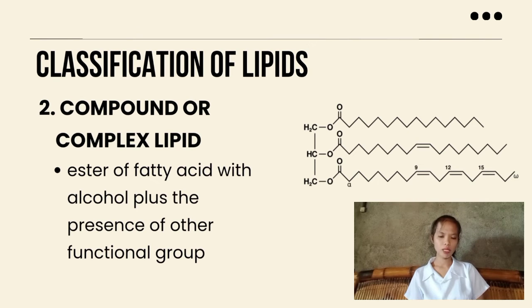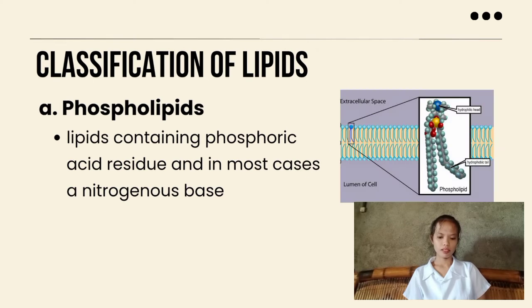The next classification was the compound or complex lipid. Ester of fatty acid with alcohol plus the presence of other functional groups such as phosphate, nitrogenous bases, proteins, and carbohydrates, etc. In compound and complex lipid, we have three.